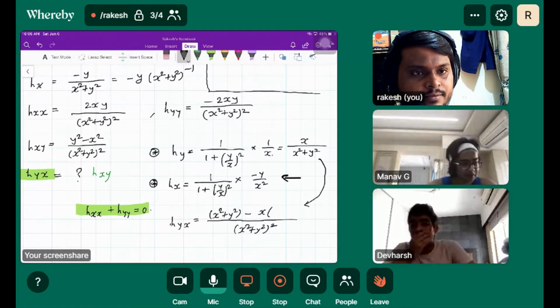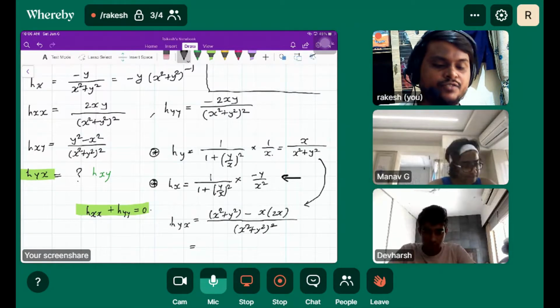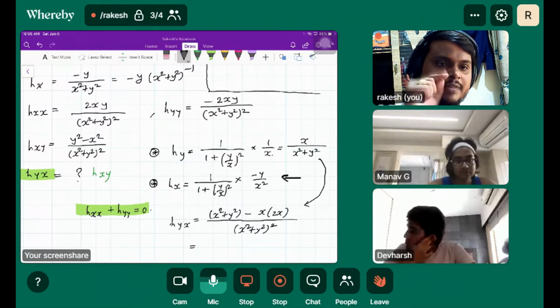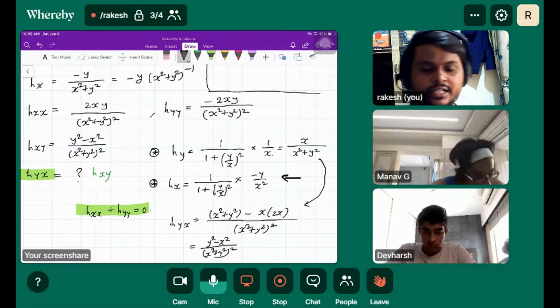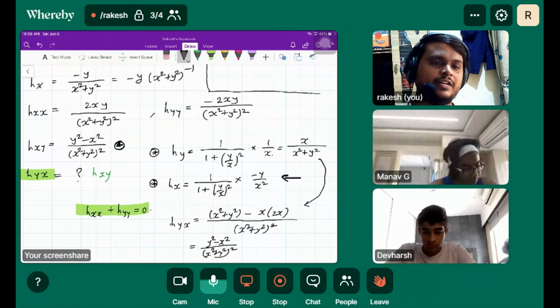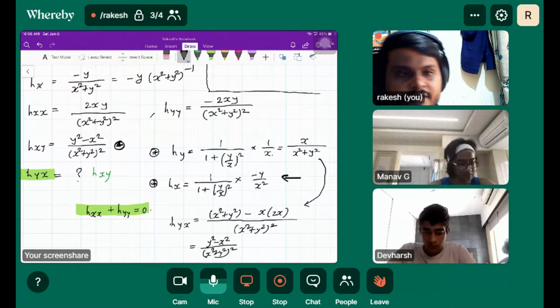So we get x square plus y square minus 2x square. x square minus 2x square is minus x square. So y square minus x square upon (x square plus y square) the whole square. That is what we got as the answer here. Both will have the same answer, so h of yx is the same as h of xy.